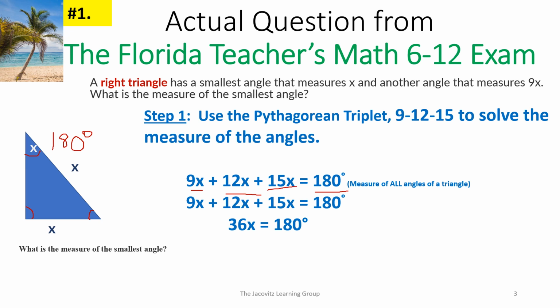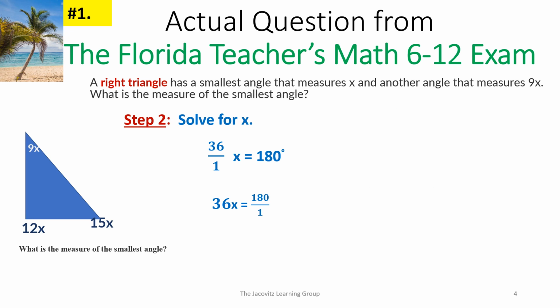So 36x equals 180, and you already know you can now divide this out. And when you get ready to divide it out, you have 36x over 180. So now ask yourself, do you have the Pythagorean theorem?